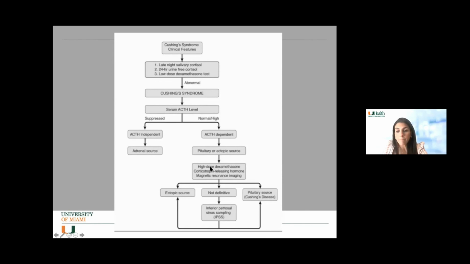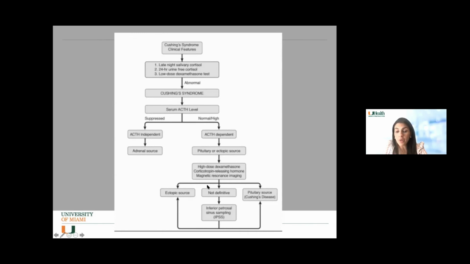If you do have this situation, you're also going to get your imaging, right? So you're going to get your MRI and your advanced imaging, and you can also give CRH. So through this, you find out whether you have an ectopic source of cortisol, or you're going to find a pituitary source, right, which means you've diagnosed your Cushing's disease, you've gotten to your endpoint.